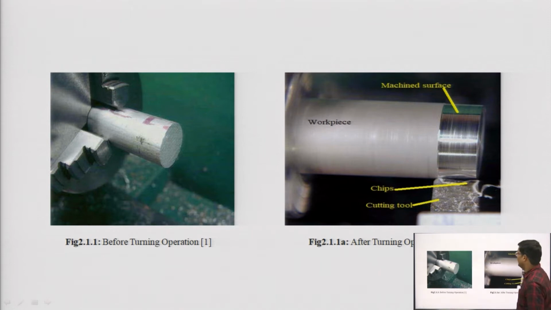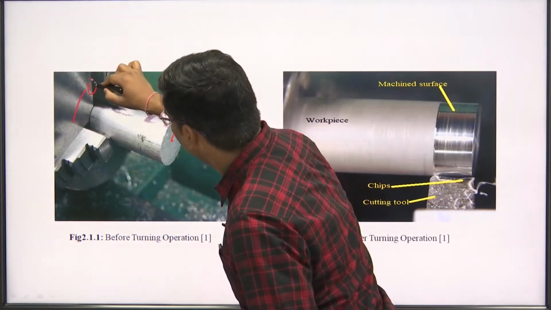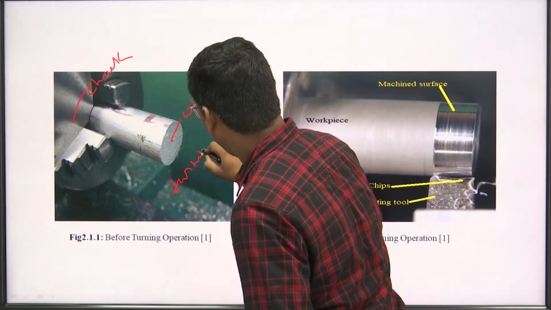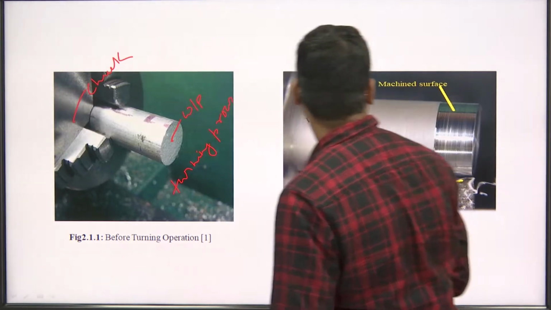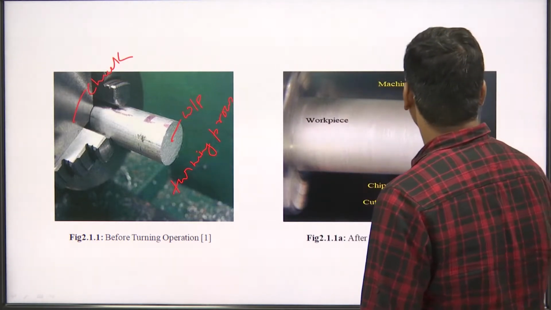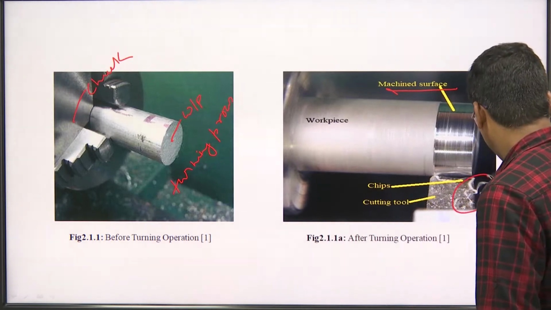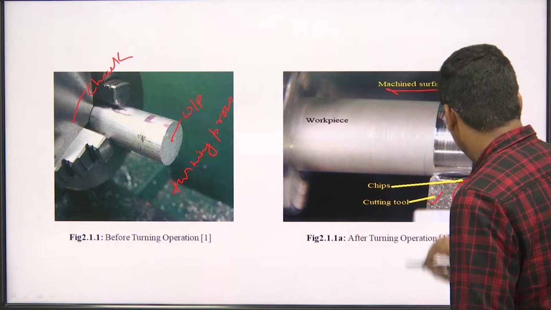In this figure you can see this is a workpiece before machining, this is a chuck, and it is a turning process. After machining, this is the machined surface. If you look here, these are the chips, and this is your cutting tool.